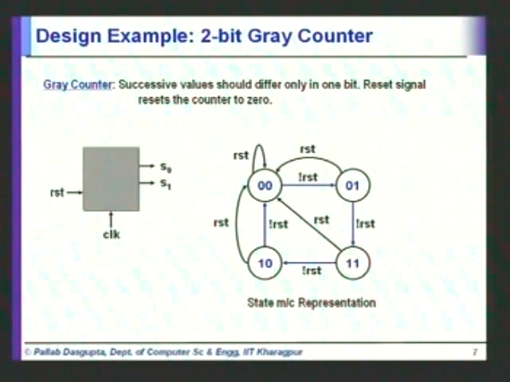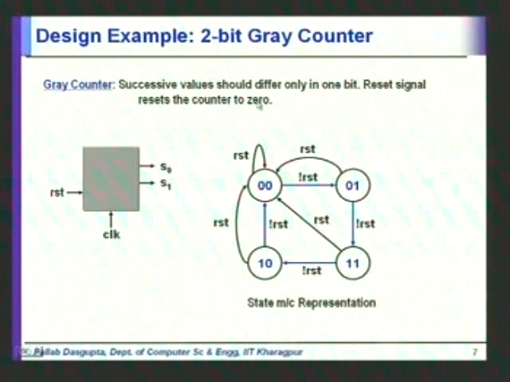let us go through an example quickly to give you a flavor of what we want to do. Okay? This is a very simple toy example. We want to design a 2-bit gray counter. What is a gray counter? It is a counter which is going to count. So 2-bit means how many values, how many states can it have? 4 states, right?